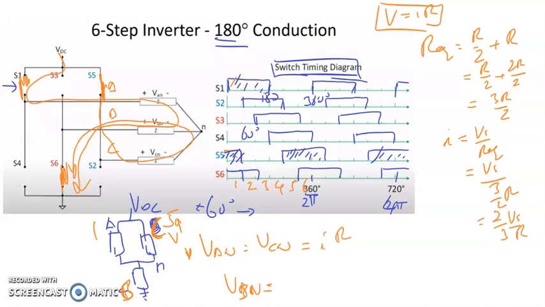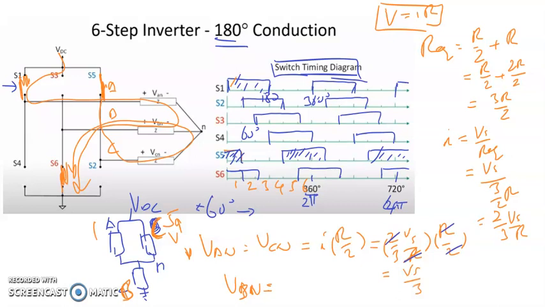Then for VCN, we know VAN, the voltage across the branch A and C, is the same voltage drop, equal to the total I crossing the circuit times the resistance of the pair A and C. So we have 2 over 3 Vs per R times R divided by 2. We cancel out R and 2, and get Vs divided by 3.